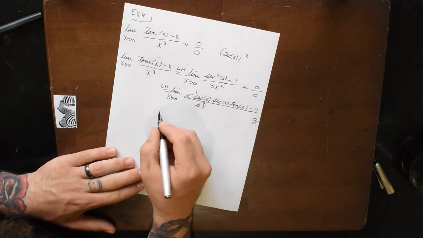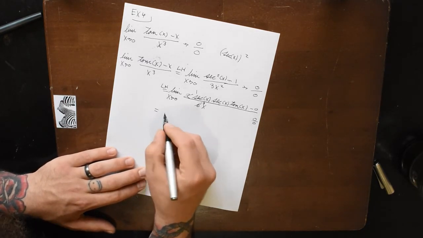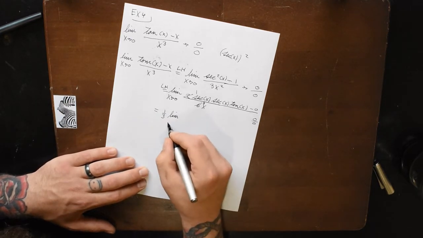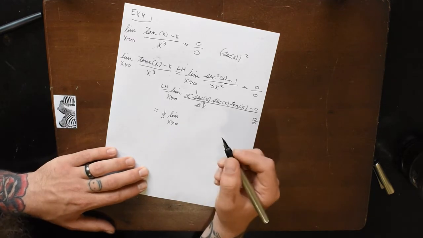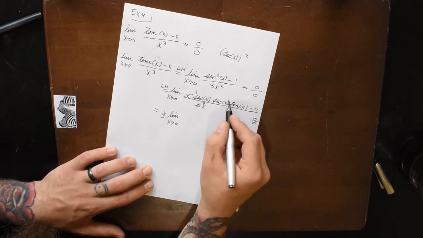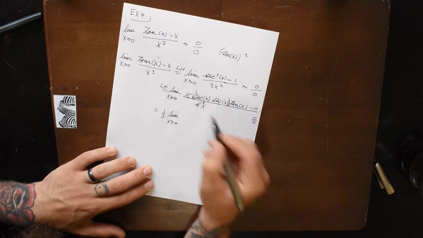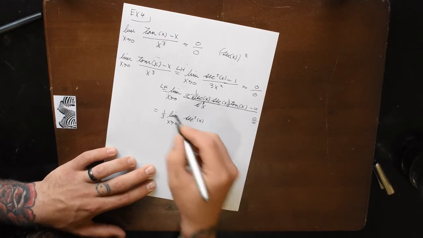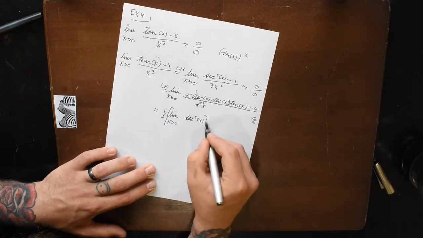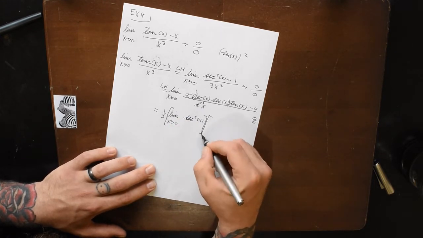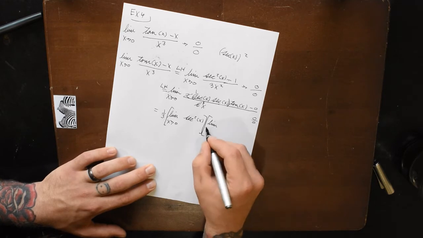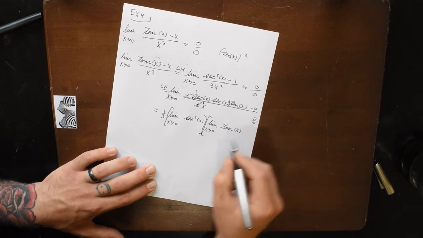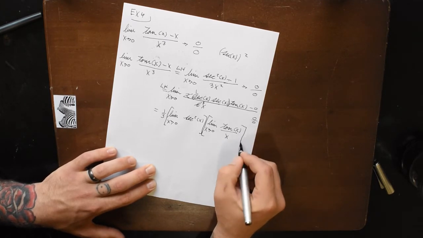So for the sake of argument, I'm just going to say that this is equal to 1/3 of the limit as x goes off to 0 of, and I'm going to group these two secants, secant squared of x times the limit as x goes off to 0 of the tangent of x divided by x.